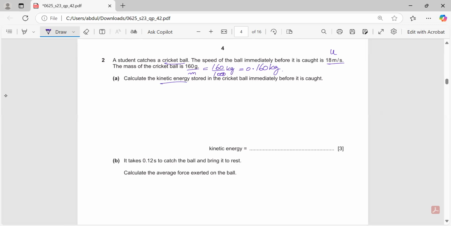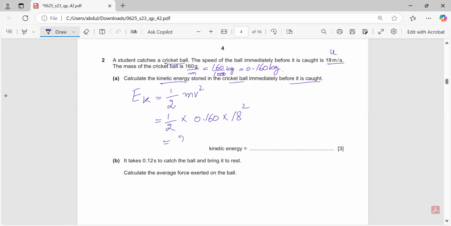Calculate the kinetic energy stored in the cricket ball immediately before it is caught. So kinetic energy EK is equal to 1 over 2 mv squared. So 1 over 2 times mass, which is 0.160, times v, 18 squared. Don't forget to square this speed.